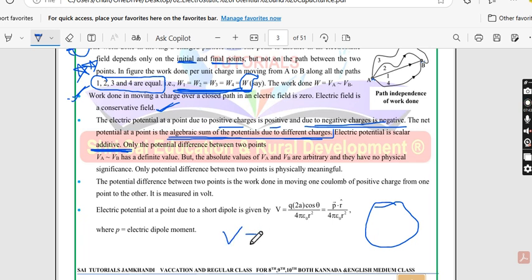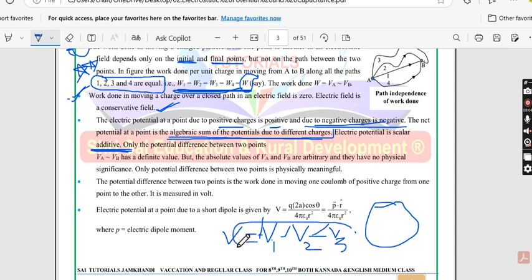So it can be written as the electric potential due to point charge 1, point charge 2 and point charge 3, whether positive or negative.